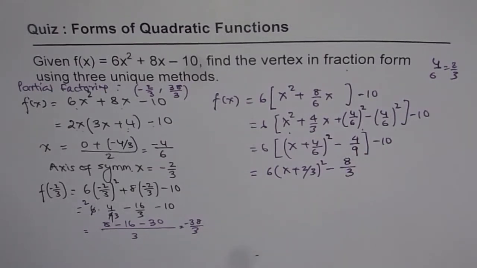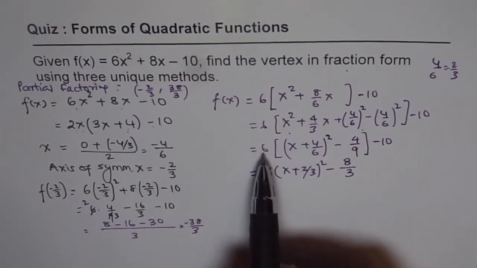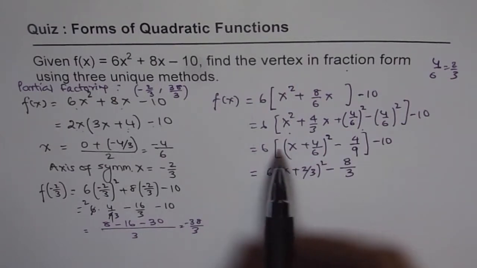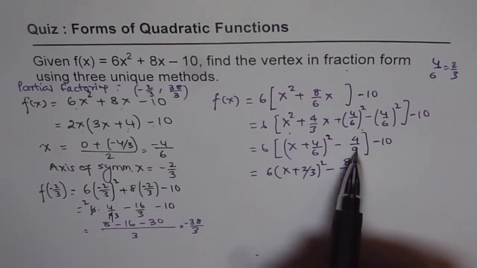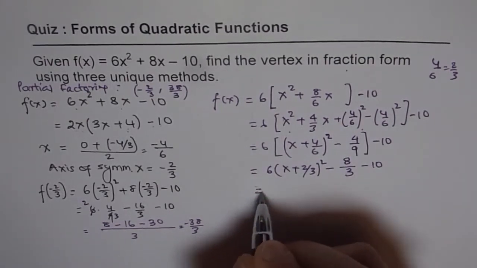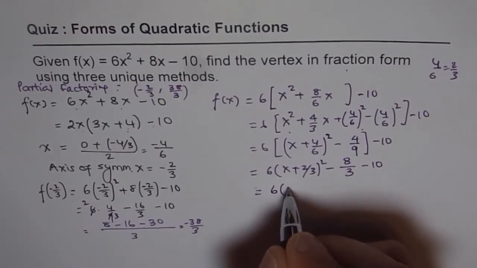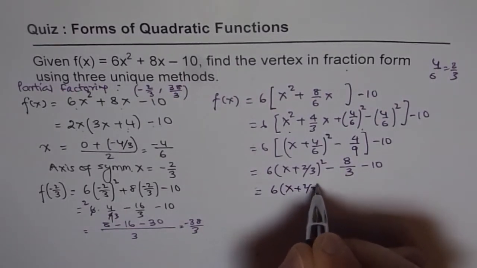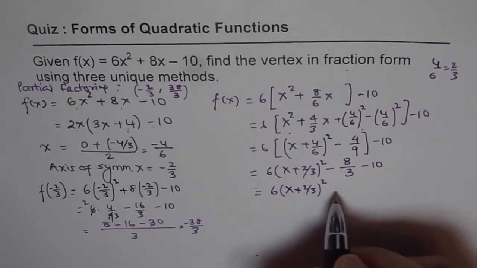So we get 8. So you can see it other ways. If you multiply, the common factor is 3 here. 3 times 2 is 6, so 2 times 4 is 8, and there you go. Minus 10. And then you get your final result, which is x plus 2 over 3 whole square, and you can combine these two terms.